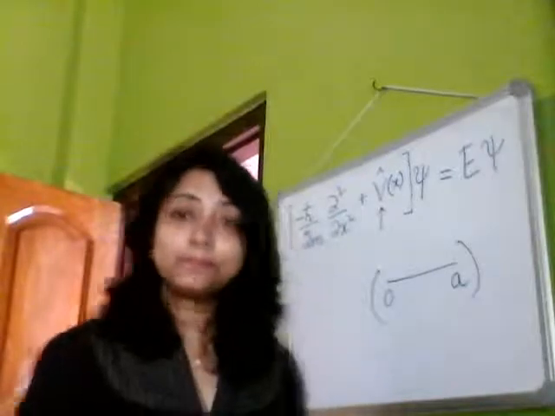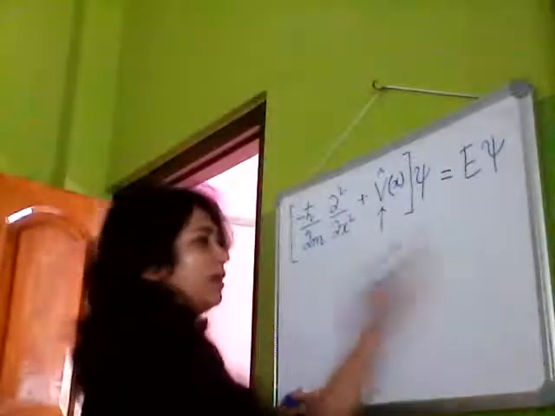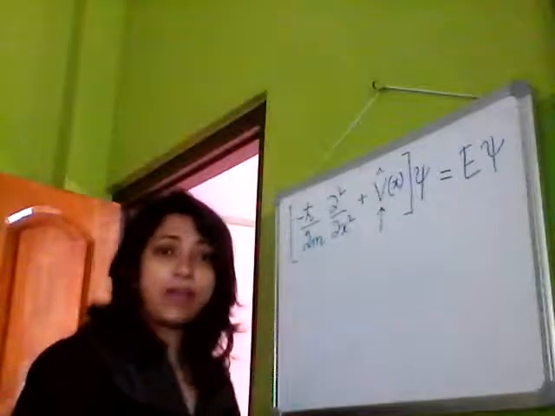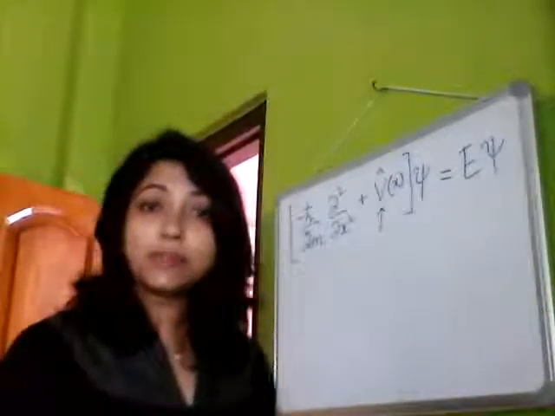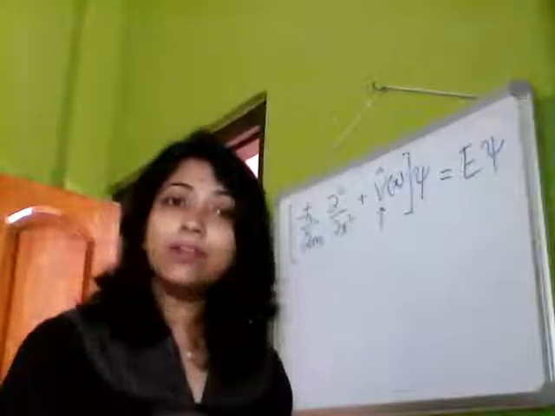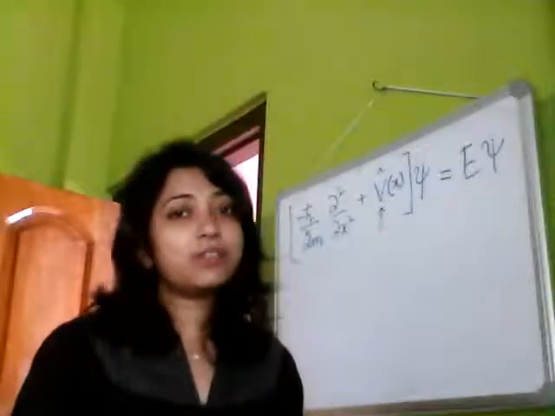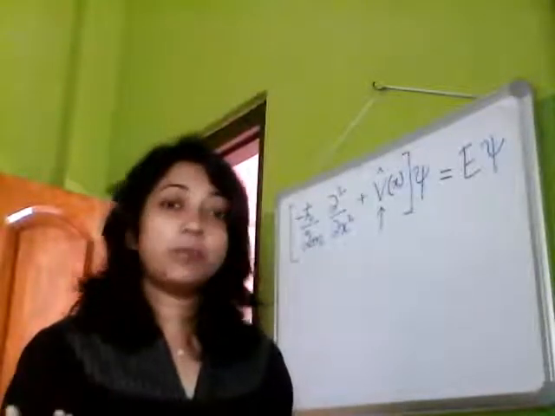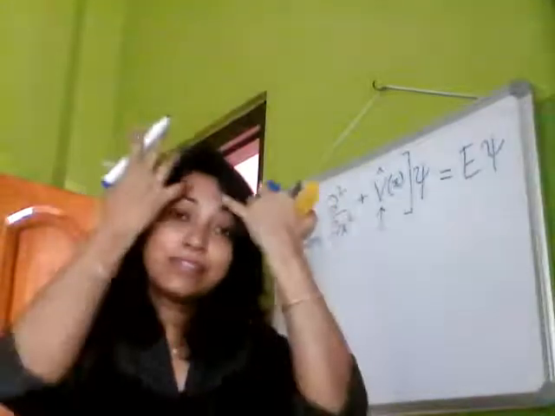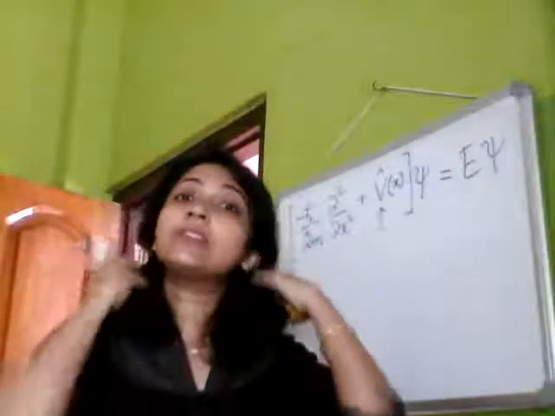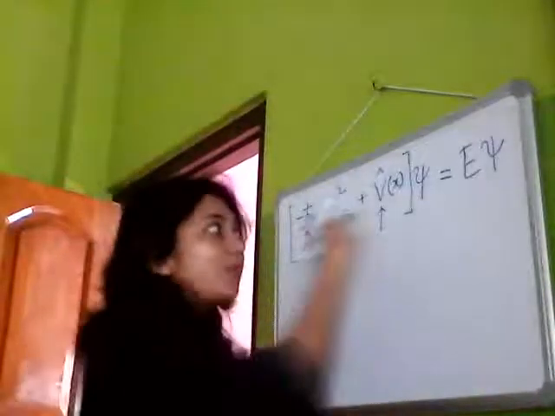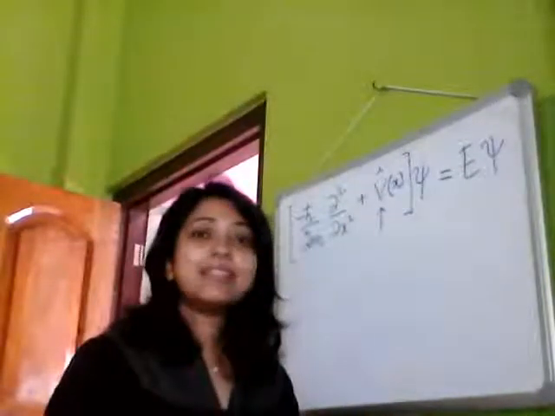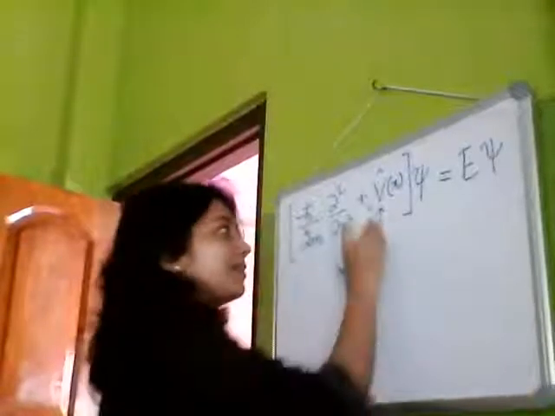Fine. So our equation, the value of this potential, we are going to put only within the limit 0 to a. Good. So now think, if you have written down the mathematical one-dimensional potential expression, within 0 to a the potential was 0. Elsewhere, the potential was infinite. And since we are talking only about the 0 to a region, what is the value of V there? What will I put the value of V here? Simply 0.